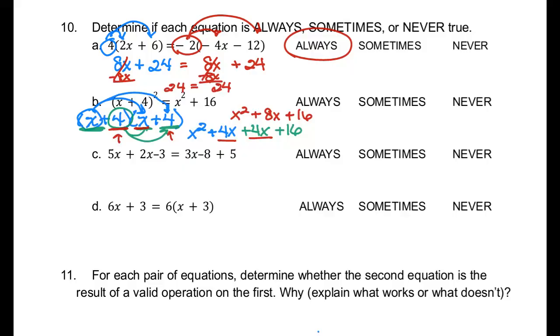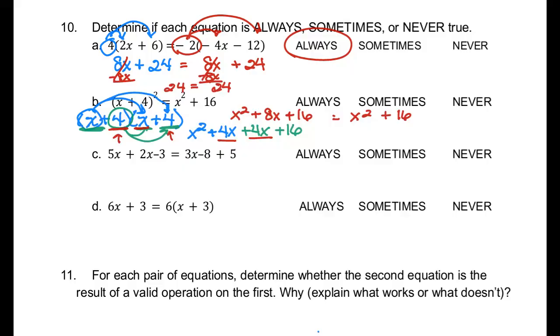So, as I look at this, this would be x squared plus 8x plus 16 is equal to x squared plus 16. So, let's try to solve this for x.